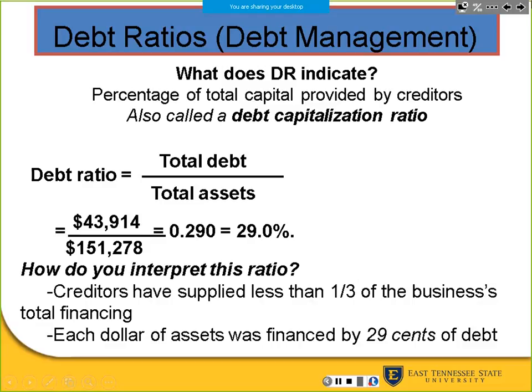So what this is saying is each dollar of assets that we have, we're financing that asset with 29 cents of debt. Which I think we might have covered last week too.